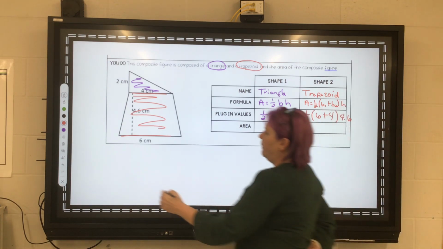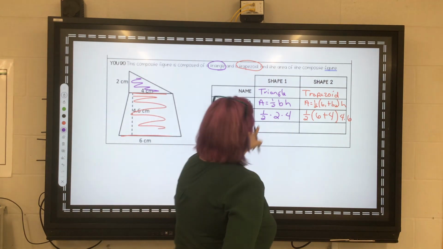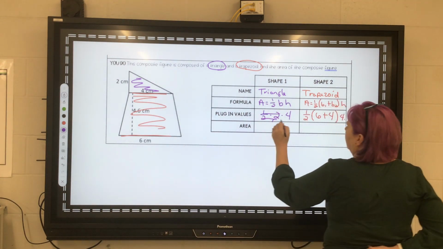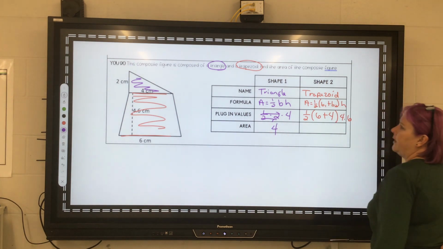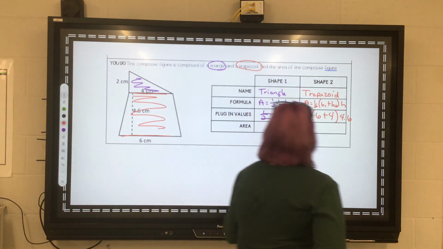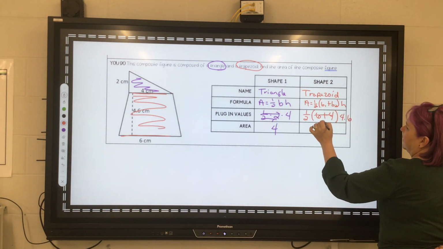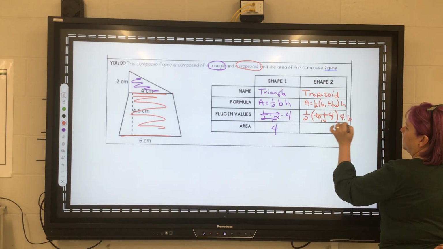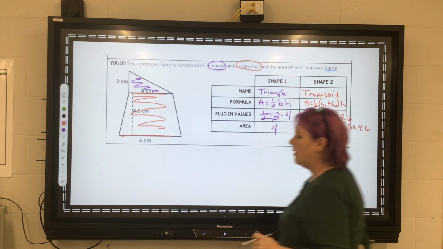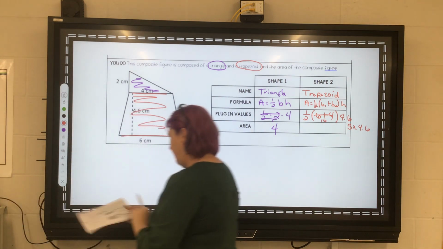So now I'm going to go through and do the math. Half of 2 is 1. And so my area of that triangle is 4. Okay, this is 10. Half of 10 gives me 5. So 5 times 4.6. We're going to save the math.